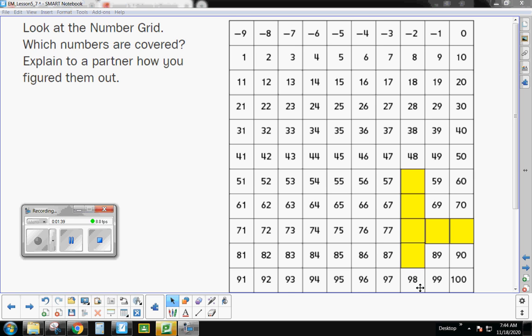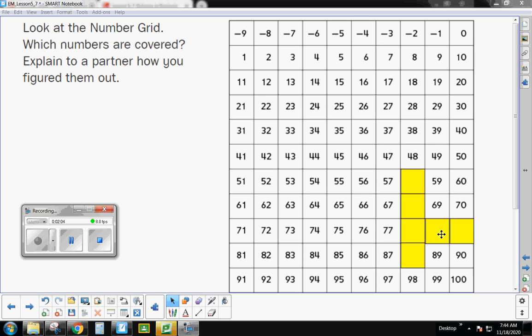As we're counting down the number grids, and we looked at this a lot at the beginning of the year, understanding how the number grid is set up is going to help you with a lot of different things in math. As I'm skip counting by tens, I can just visualize this number grid. And I know that every number going down this column is going to end with 8, right? So 48, 58, 68, 78, 88.